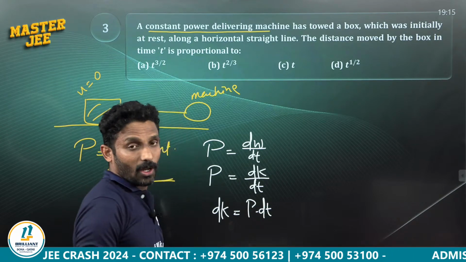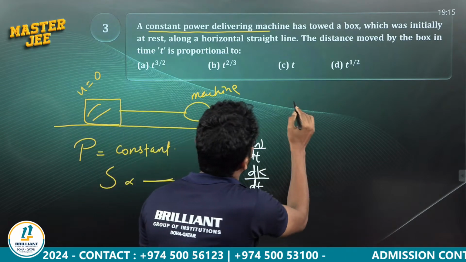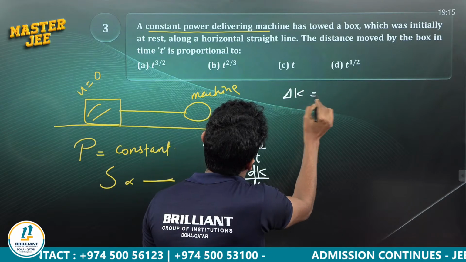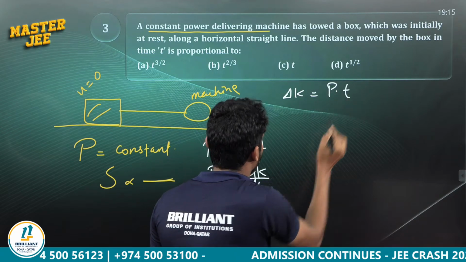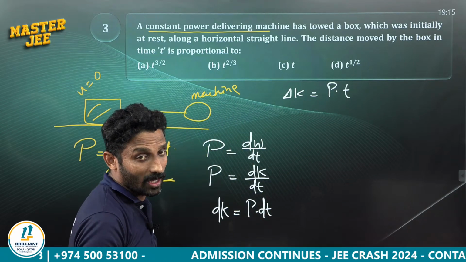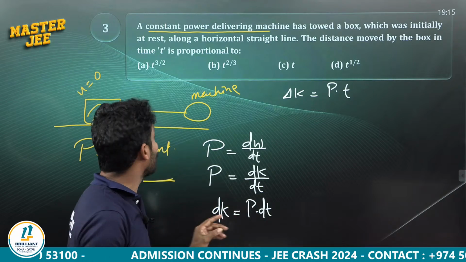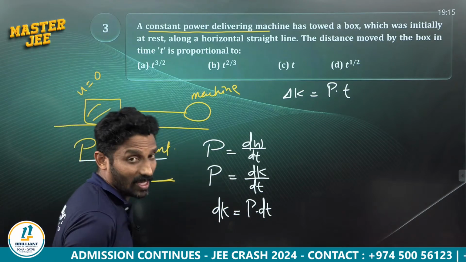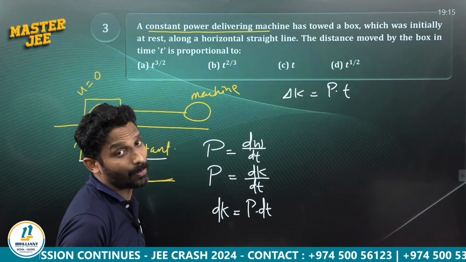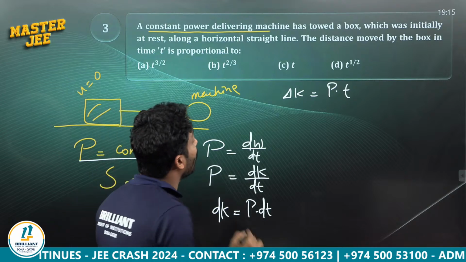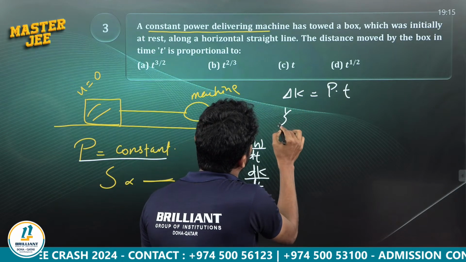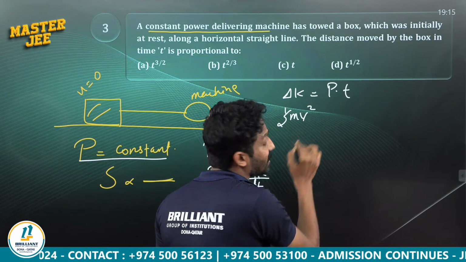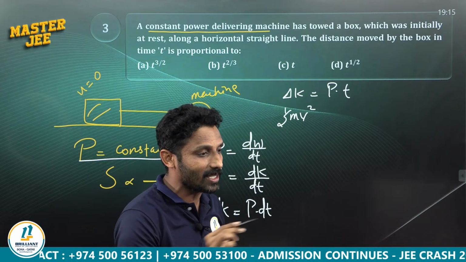Clear? Now integrating both sides we get delta K equal to P into t, because P is constant here. This is the case of constant power delivery. So P is taken outside, then P into integral dt is t. Now this change in kinetic energy is half m v square minus 0, because initial kinetic energy is 0.